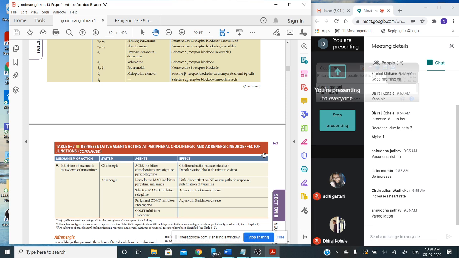So this simple table gives you the whole pharmacology of the ANS. What you have to do is keep the adrenergic and cholinergic varicosity picture in front of you. Once you understand this table, and understand which receptors are prominent at what place, most of the actions you have remembered.